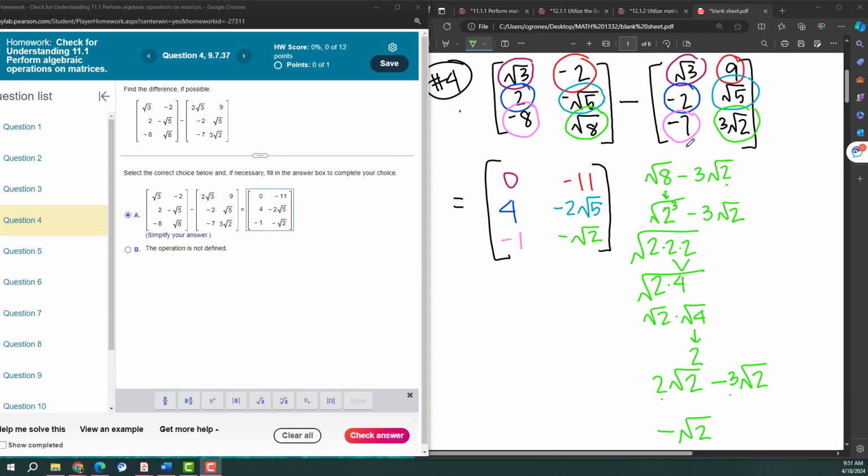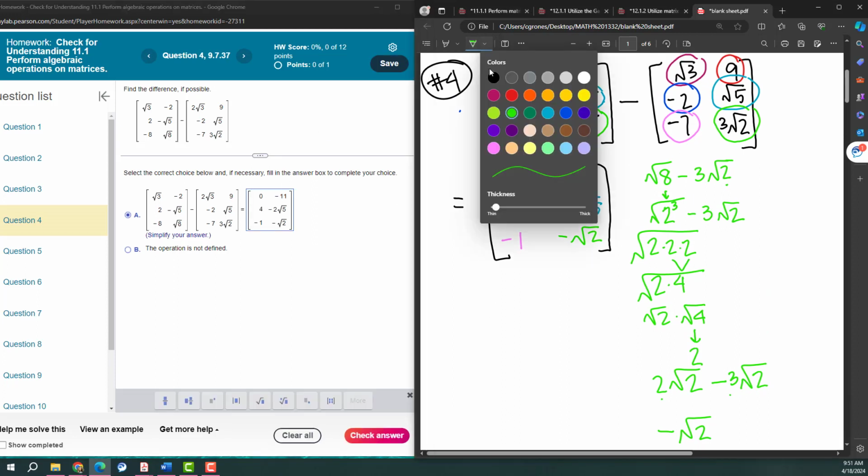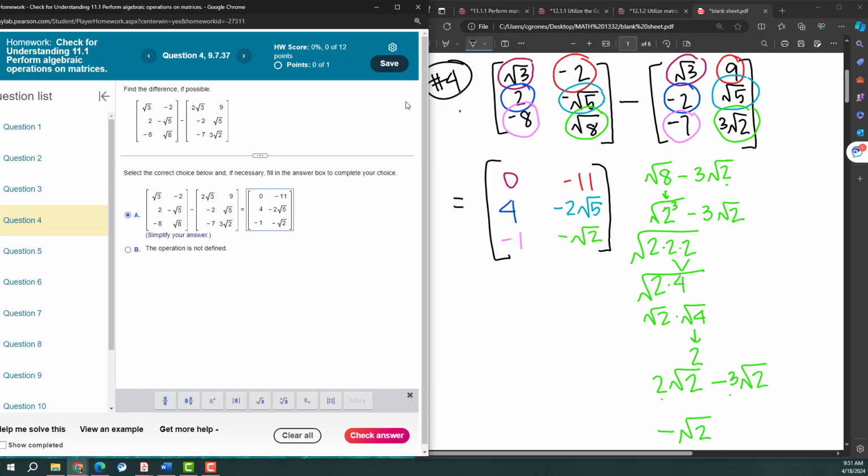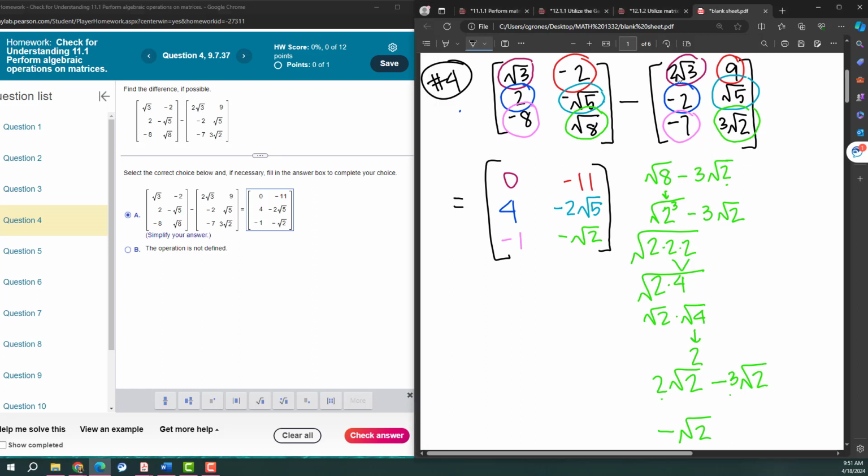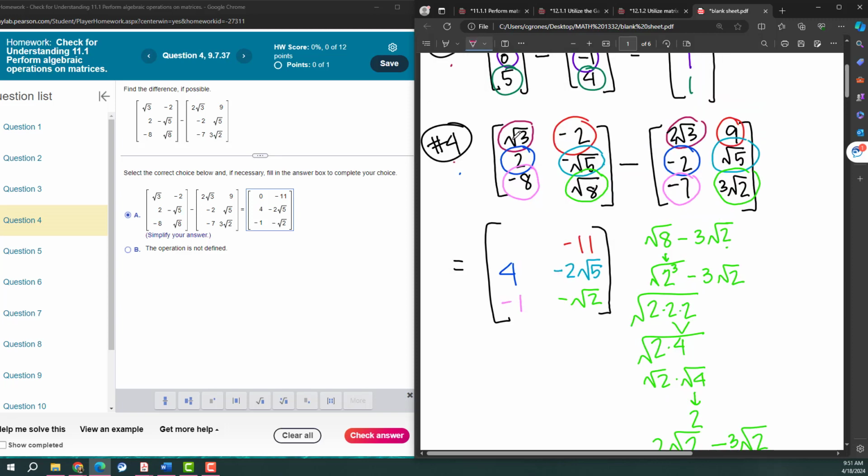Okay, so I have actually written this out wrong. I am missing this 2 in front of this. So that means that this one is incorrect. So we have the square root of 3 minus 2 square roots of 3.